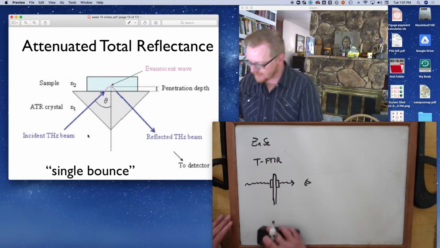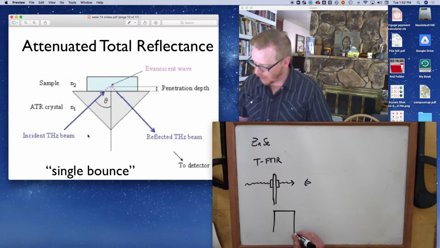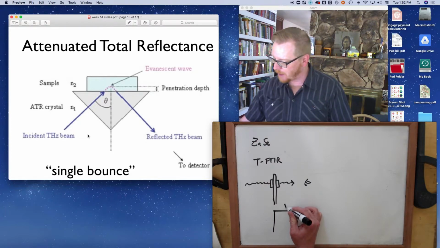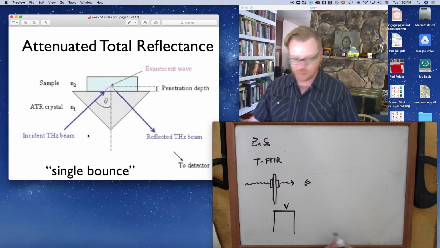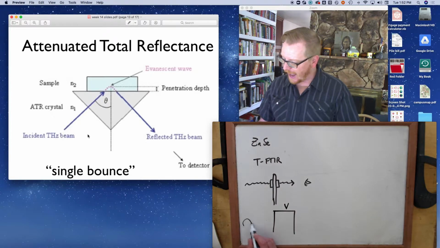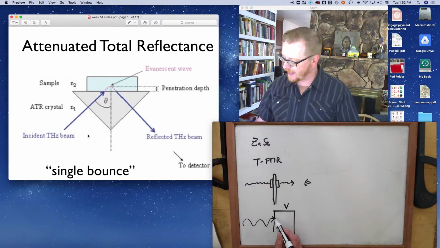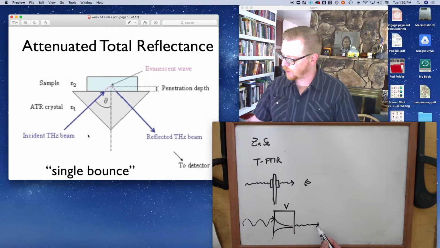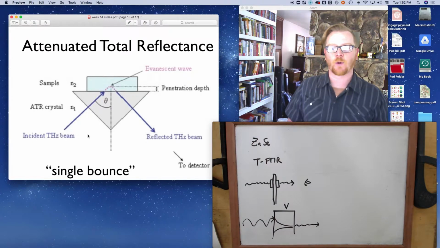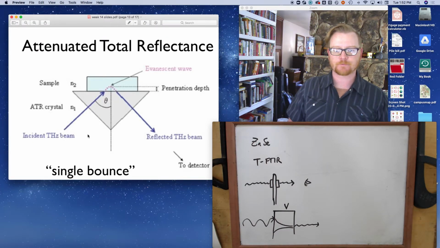So the evanescent wave, let me draw this bigger. So now imagine that I have some barrier with potential energy V, and I have an incident beam coming in on this side, okay? I will get an evanescent decaying wave inside the barrier, and on the other side, we know it will transmit at lower intensity, okay?